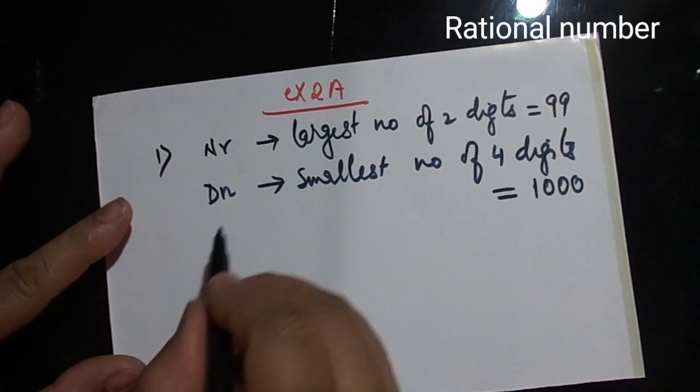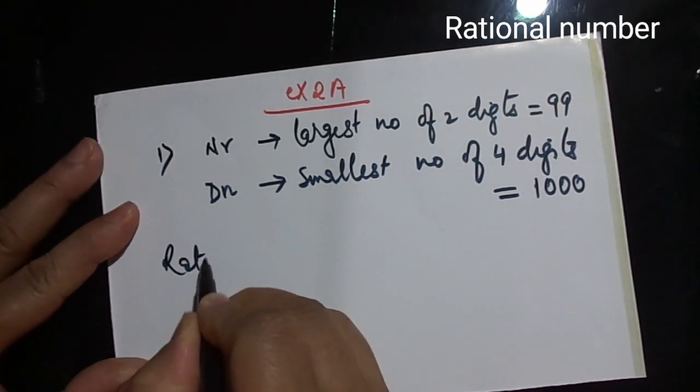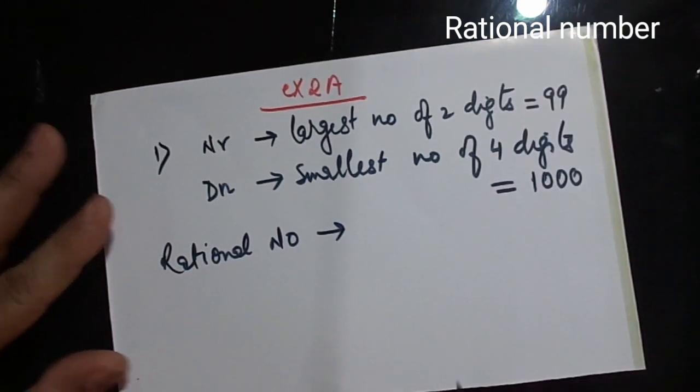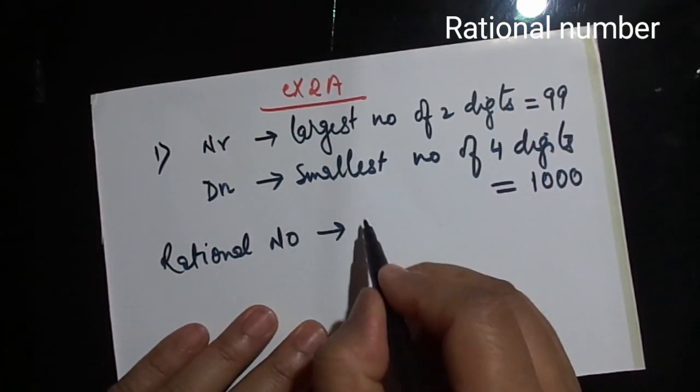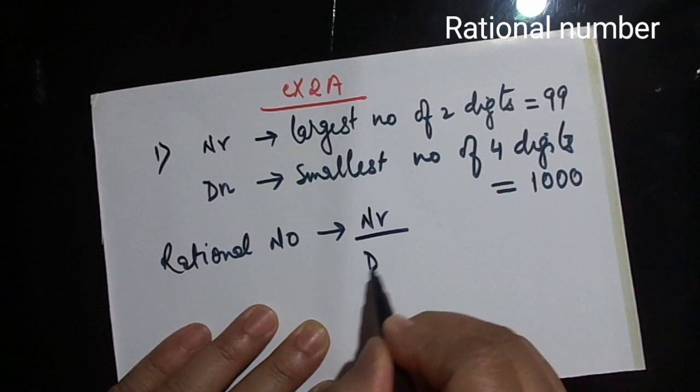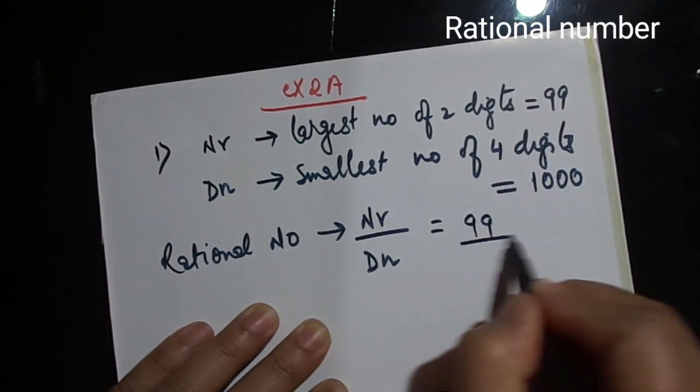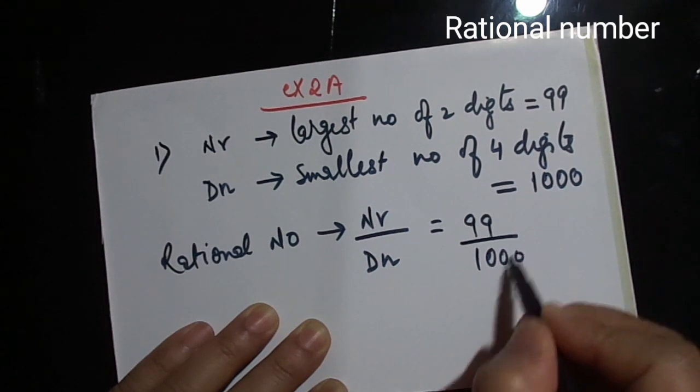So the rational number can be written as numerator by denominator, which is 99 by 1000.